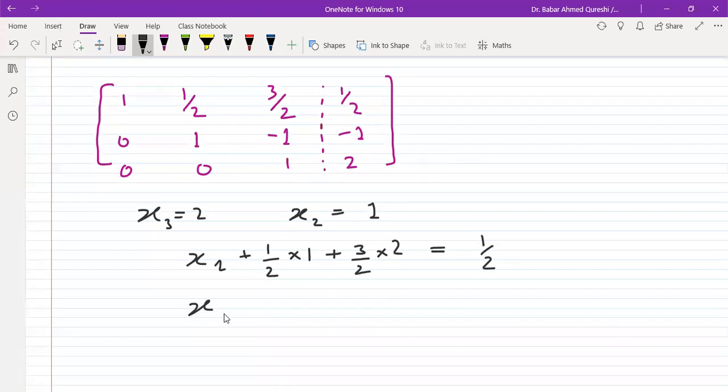So halves go away and x1 gives me -3 as I had gotten before. So that's the only point. Not much difference between having the perfect echelon form or if you have non-unitary, non-one on the leading non-zero elements.